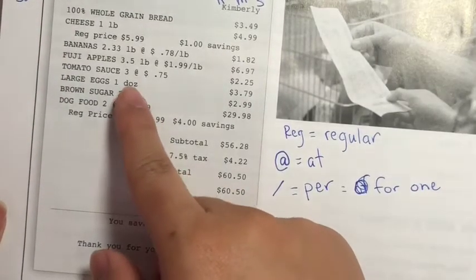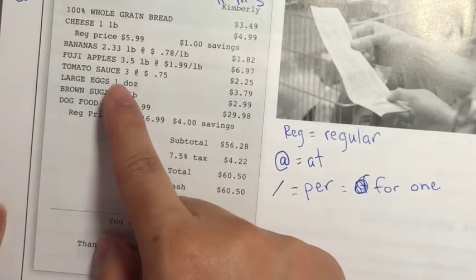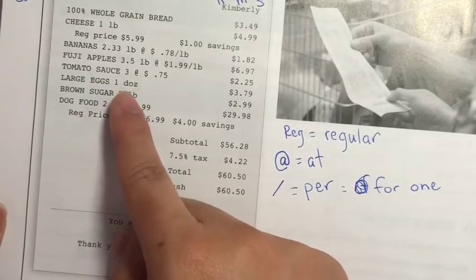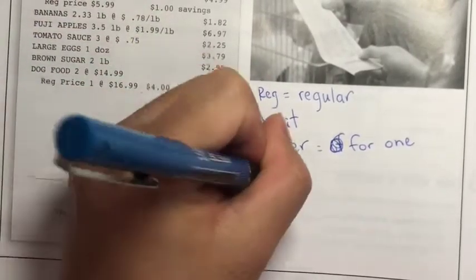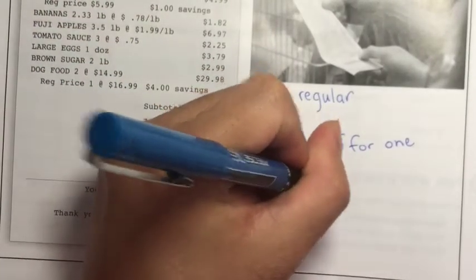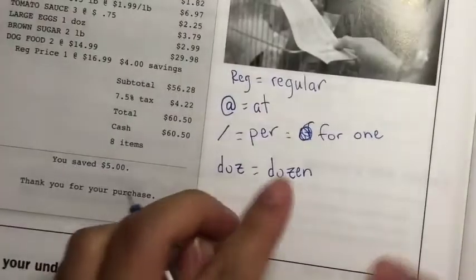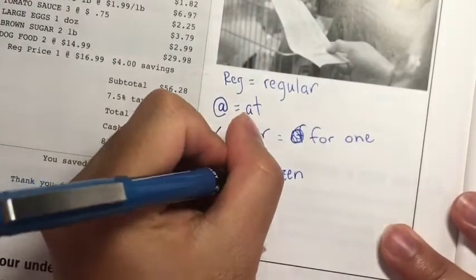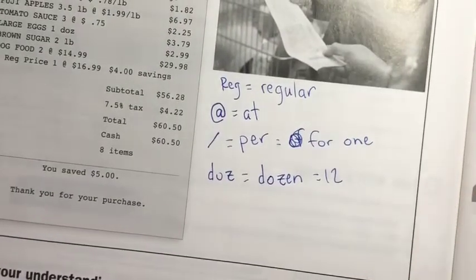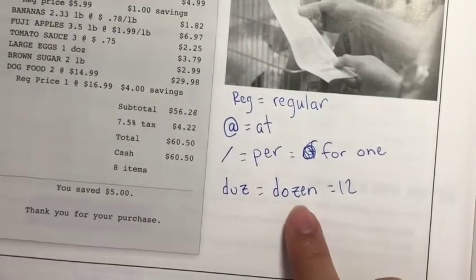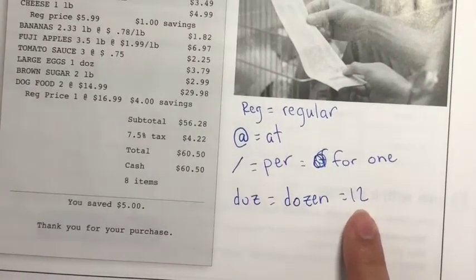Right? Okay. Maybe not. So, large eggs, 1 DOZ. DOZ stands for dozen. The word dozen. A dozen is 12.